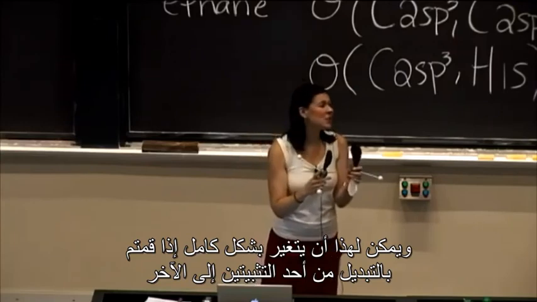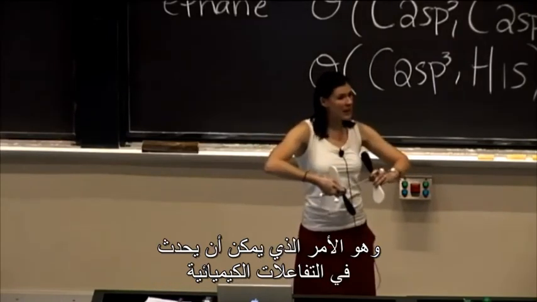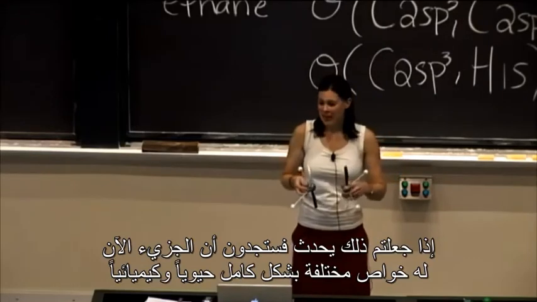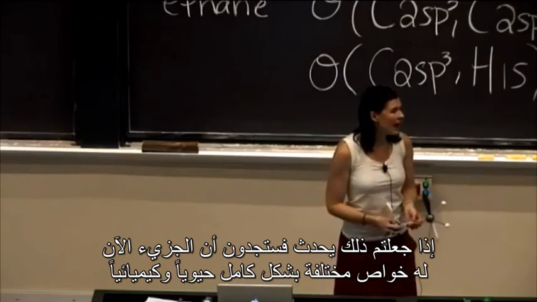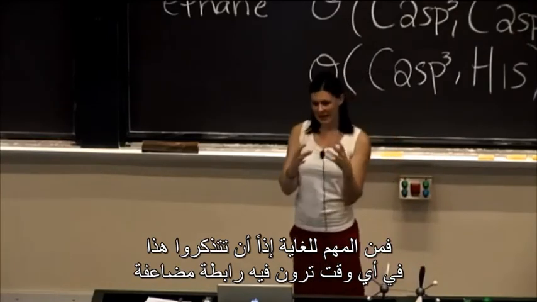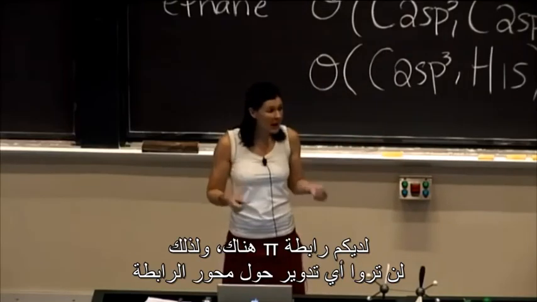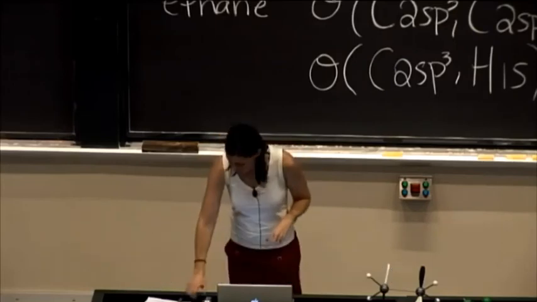This completely could change if you were to flip from one to the other conformation, which can happen in chemical reactions. If you were to make that change, you would find that the molecule now has completely different biological and chemical properties. And so it's very important to keep in mind that anytime you see a double bond, you have a pi bond there, so you're not going to see any rotation around the bond axis.